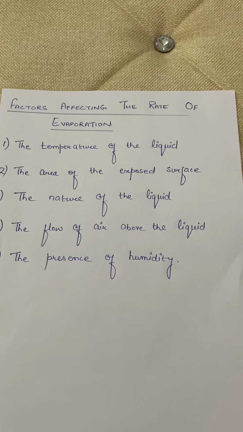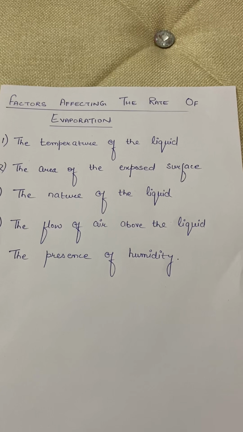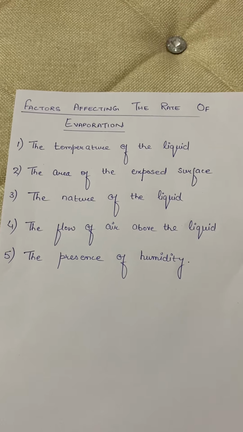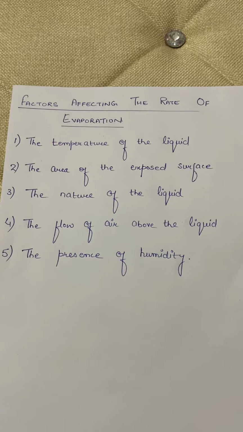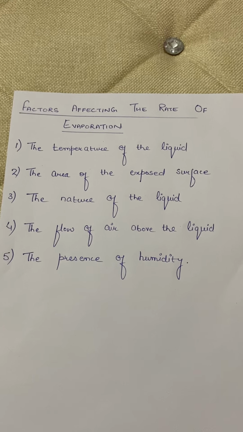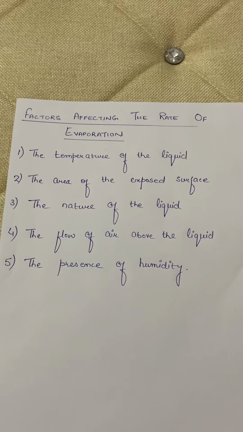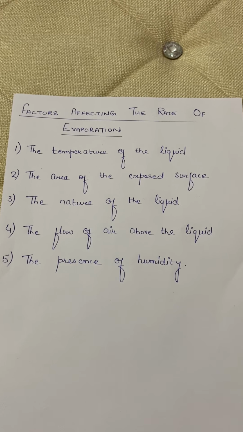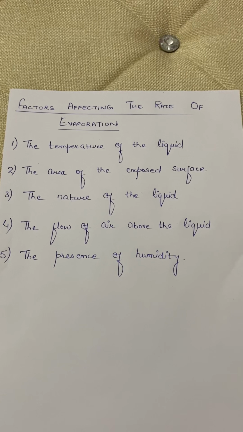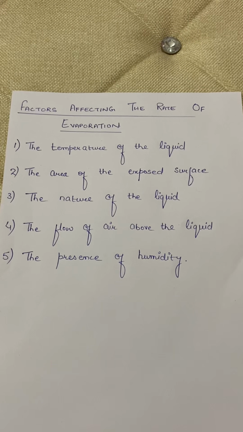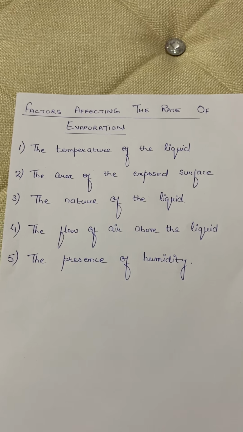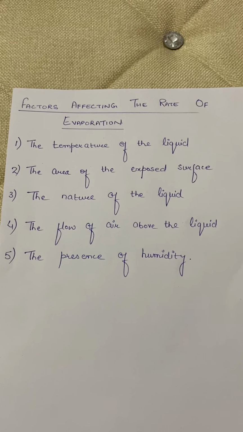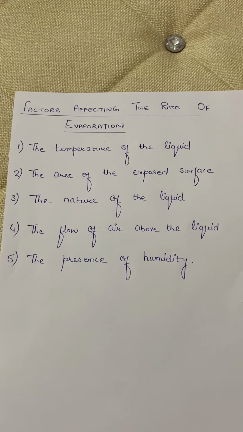So the rate of evaporation increases if the area of surface exposed increases. Third, the nature of the liquid. Now there are certain liquids which are volatile. Volatile liquids, which have a low boiling point, such as alcohol, spirit, ether, etc., evaporate much faster than water. This is why volatile liquids are stored in tightly closed bottles, because their rate of evaporation is higher. They easily convert into their gaseous form.